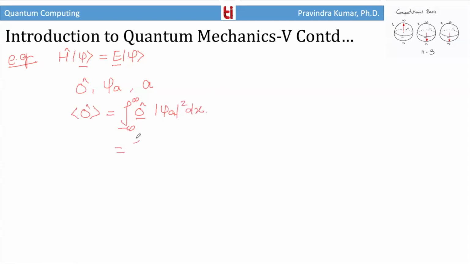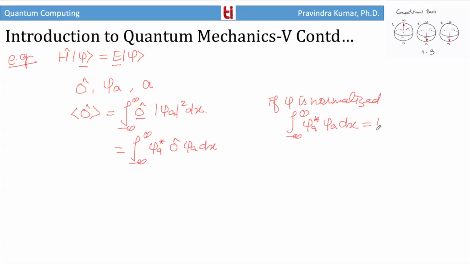I can write it as the integration of complex conjugate psi a, operator O, psi a dx. If psi is normalized, then the integration from minus infinity to infinity of complex conjugate psi a psi a dx is equal to 1.